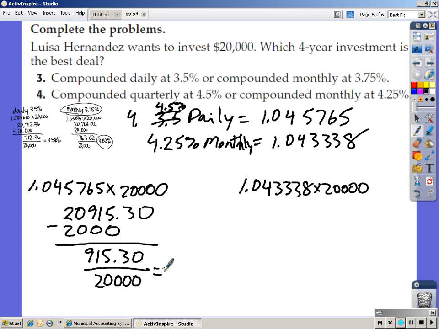And you get an APY of 0.045765. Okay? So, this works out to be 4.58% APY.